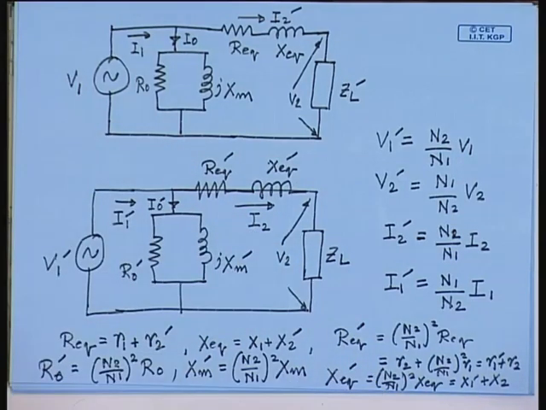Therefore, in order to solve a given transformer problem, the approximate equivalent circuit will normally be used. It can be either referred to the primary or referred to the secondary. The relationship between the variables and the equivalent circuit parameters are given by these equations.